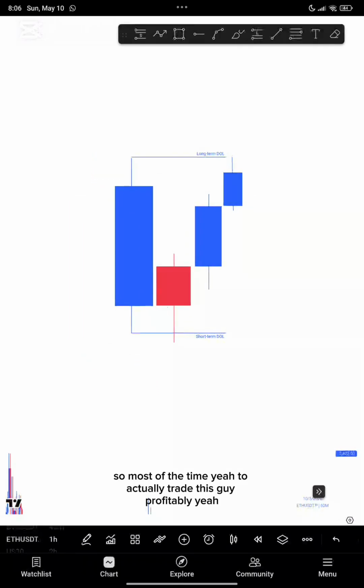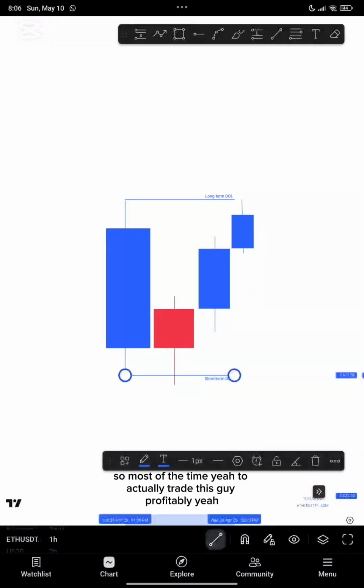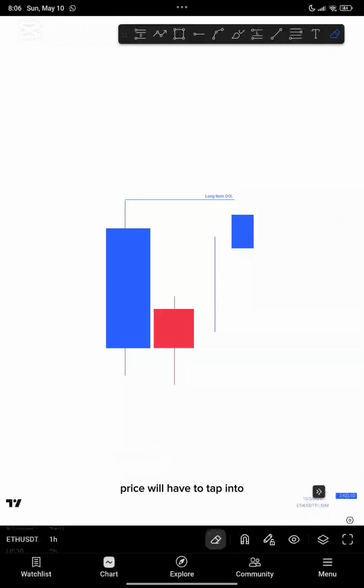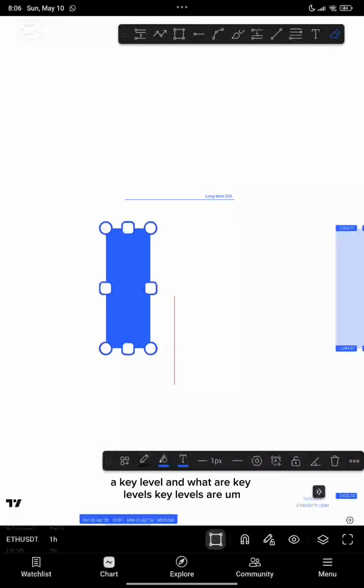Most of the time, to trade this profitably, price will have to tap into a key level. And what are key levels? Key levels are higher time frame zones that price comes to react from before going to its destination. So let's say we are bullish here.